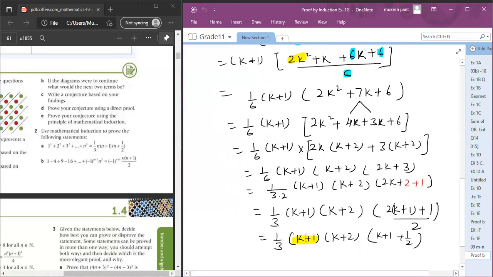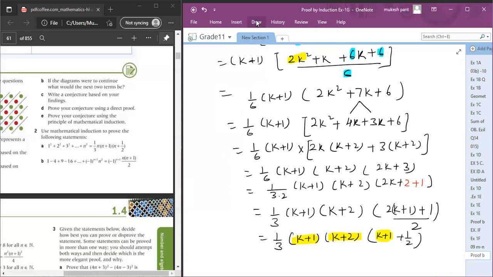This K plus 1 is in the place of n. If you look, K, this is n, n plus 1. So K plus 2 means K plus 1 plus 1. If you want to write this K plus 1 plus 1, you can also write it. And next is n plus 1 over 2. So this is K plus 1. Okay, n means K plus 1, so n equals K plus 1, and we are getting this form.